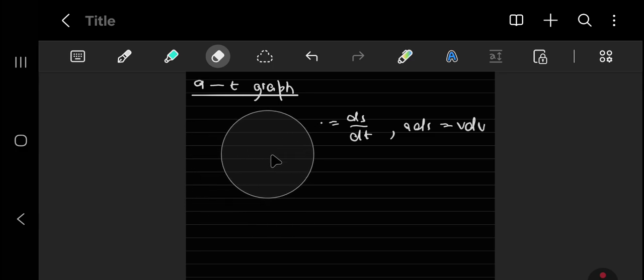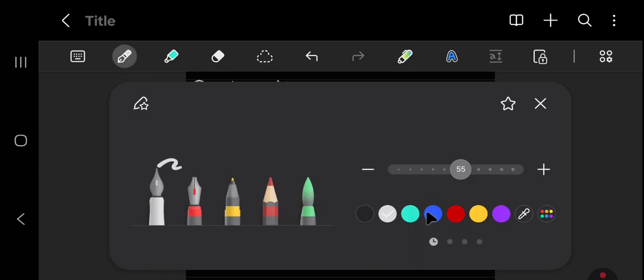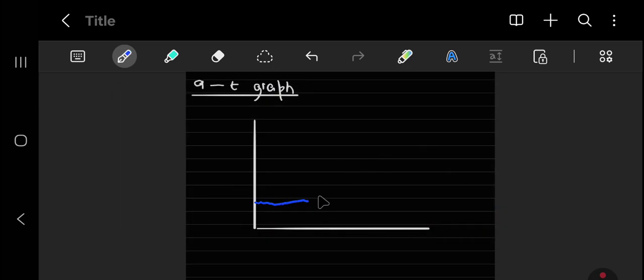Okay, remember those equations. I think I should just put them up here. Acceleration time graph, that is fine. You're going to have something of this nature. Let's assume this is the graph of your acceleration.